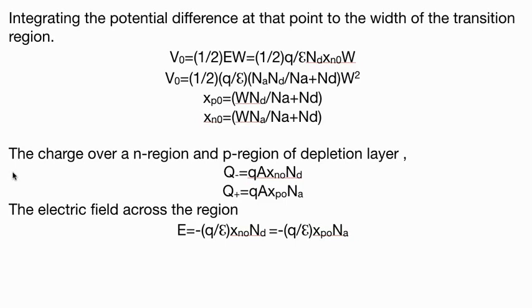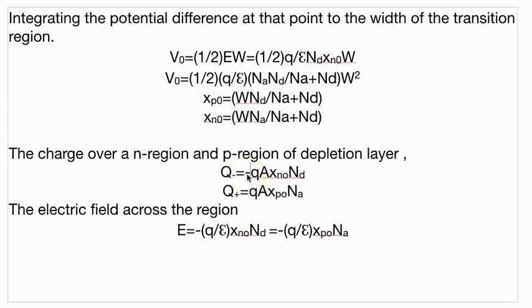The charge on the N region is minus q A Xn naught into Nd, and on the P region it is q A Xp naught into Na. The electric field across the region E is equal to minus q by epsilon Xn naught Nd, or minus q by epsilon Xp naught into Na.